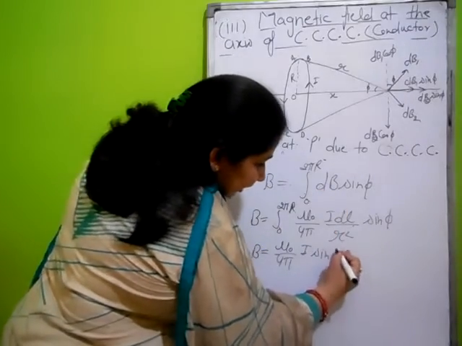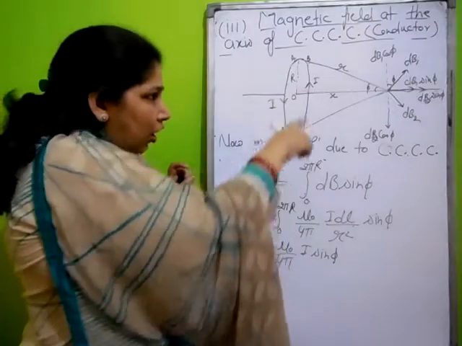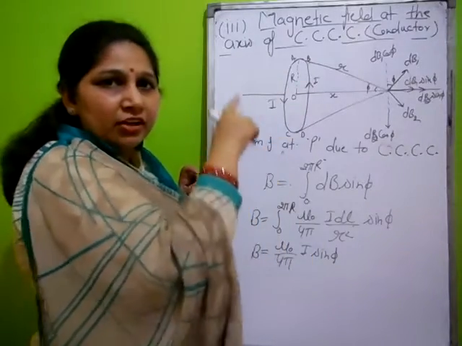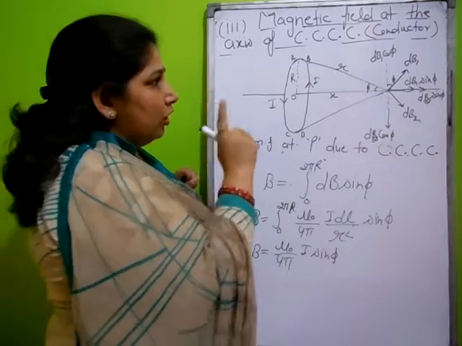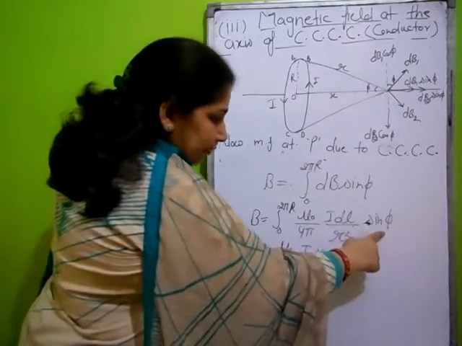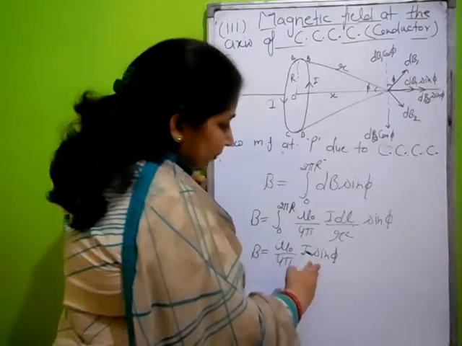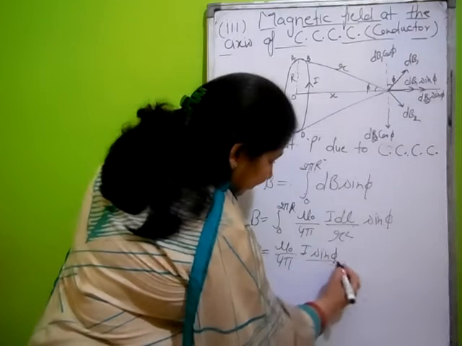Sin phi is a constant term because sin phi remains the same throughout all the current elements we have taken on the circular coil. For all the current elements, the phi angle will remain the same. So it will be considered a constant and written outside the integration.